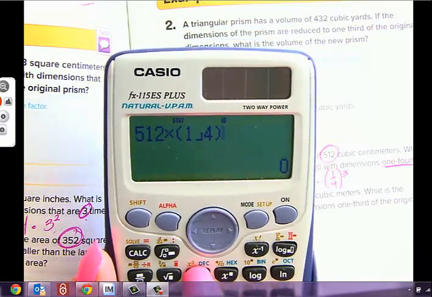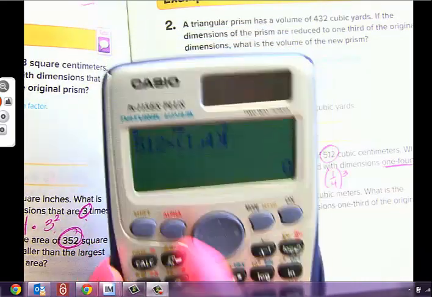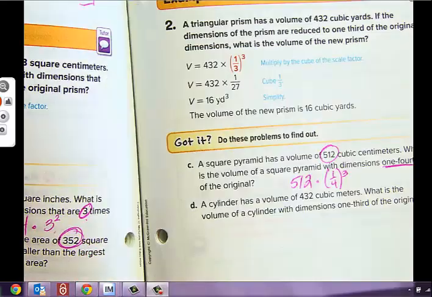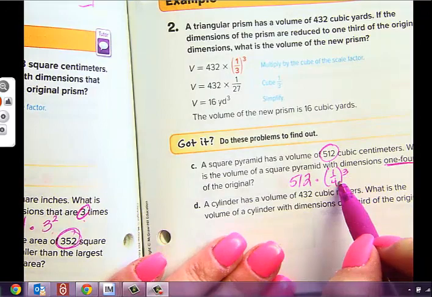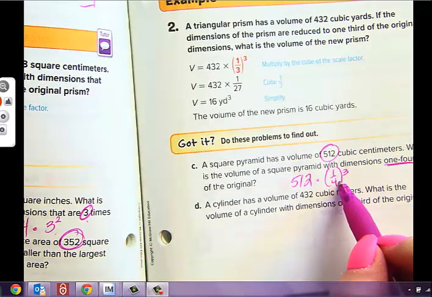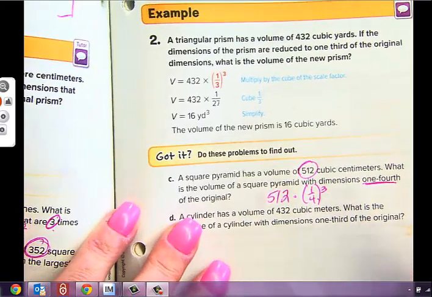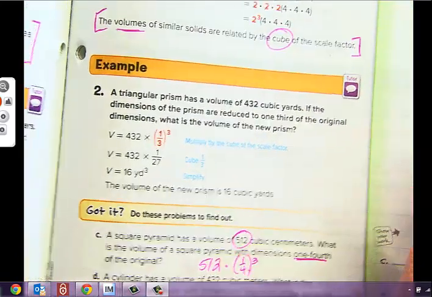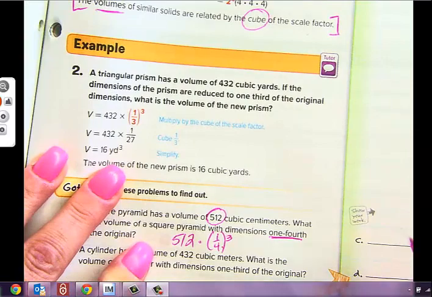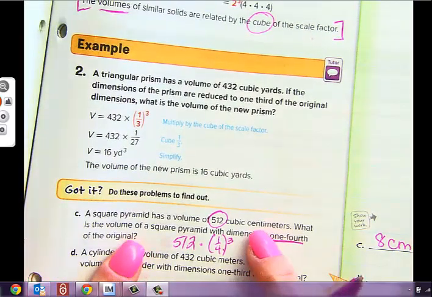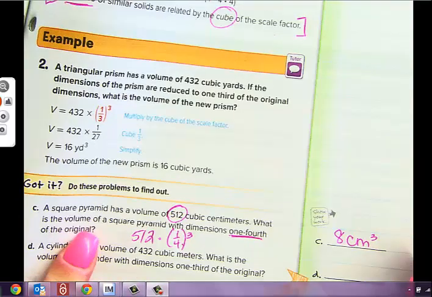Look for the button that has the X with a cube on the top. And my answer is 8. Remember, we're looking at volume, so we cube the scale factor: 1/4 cubed times 512. My final answer is 8 centimeters, because that's what we're measuring in, cubed, because volume is always cubed.